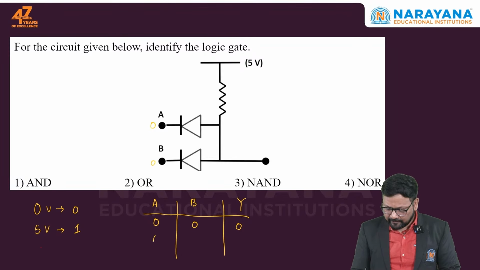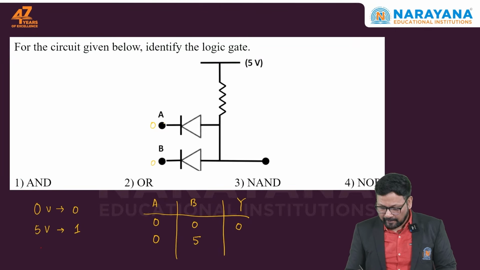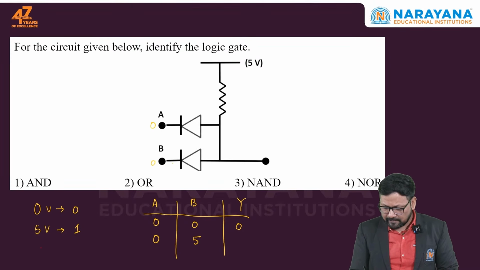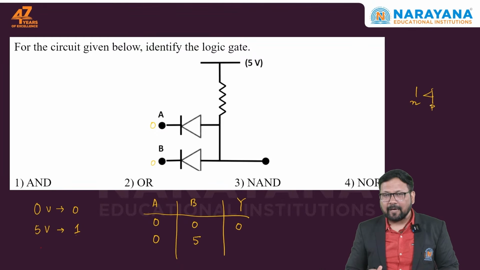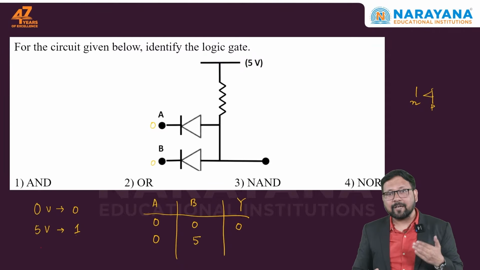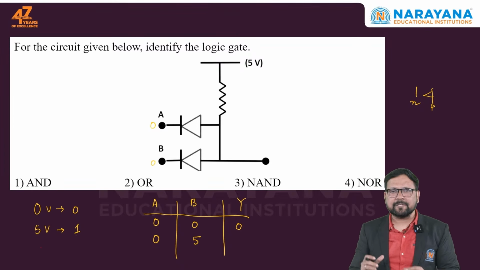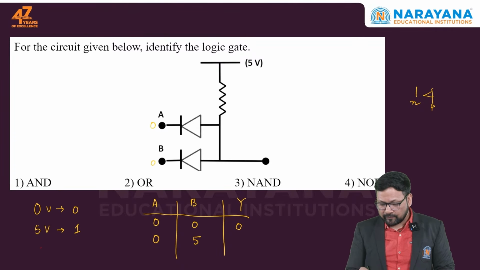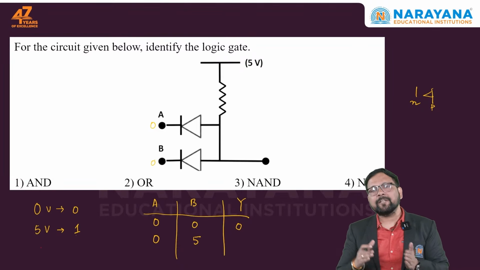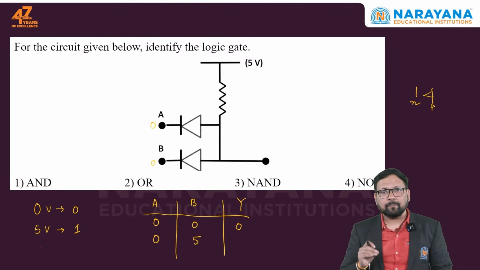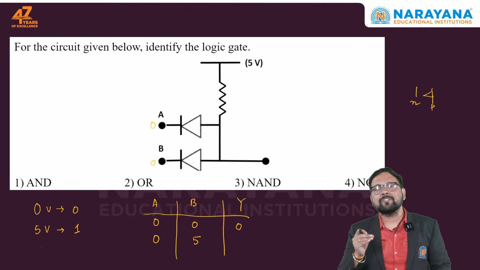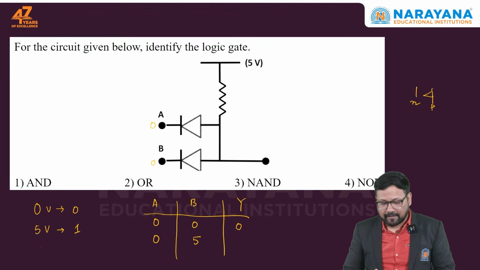Then if you are giving 0 here and 5 here, 0 again will transfer the 0, and the 5 that I said is 1. You can see this side is N and that arrow is P. So N is connected to positive high potential; low potential we are representing with 0 and high with 1. If 5 means I am providing high potential to N, that is reverse biasing.